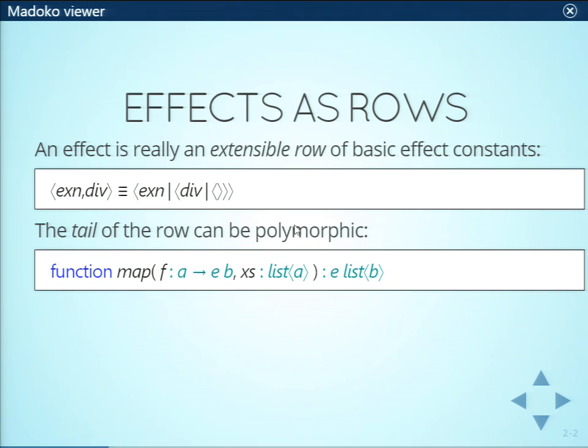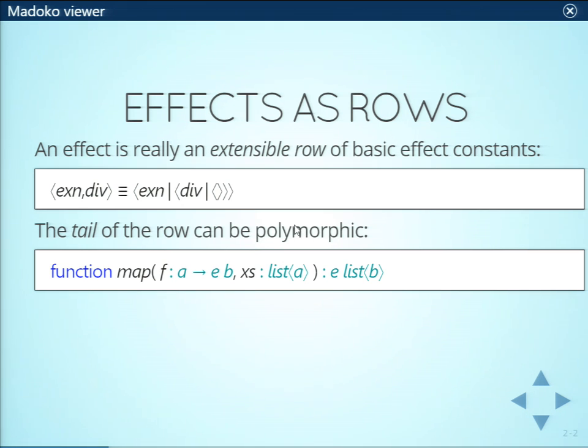And then there's polymorphism over effects. This is very important for your abstraction. With Koka, I had the goal of making a somewhat realistic language for writing real programs, and at that point, you really need polymorphism and abstraction over the effects itself. So there's the map function, for example.